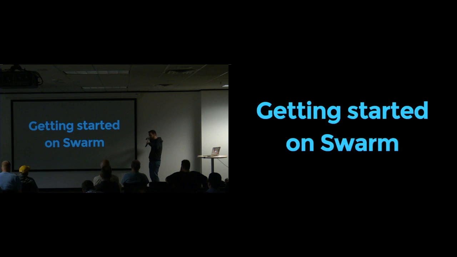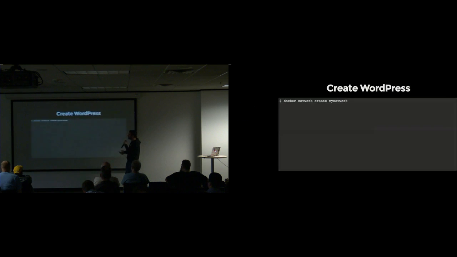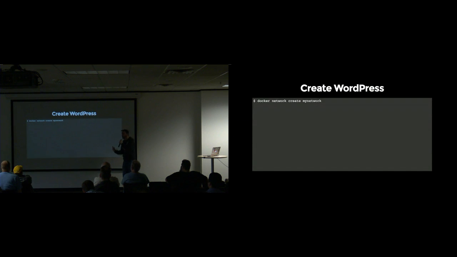So let's dive right in and actually do something with our swarm. This is kind of the most non-trivial thing you can do: create two containers and connect them. We're going to do the standard WordPress example, and we start by creating a network in our swarm.